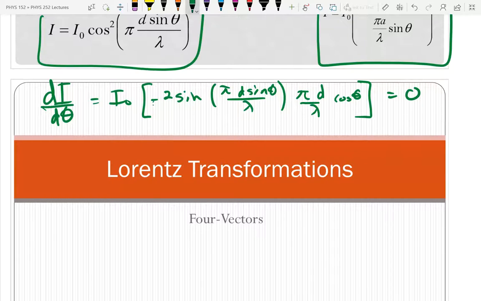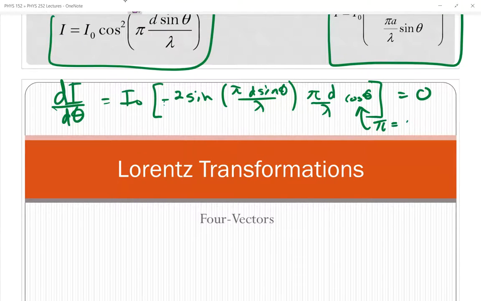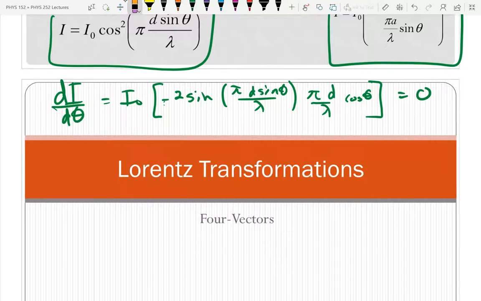Well, the first thing you see is, well, if cosine theta is 0, then theta equals... I just rebooted this because it wasn't working right. It appears that it's still not working right. So for cosine theta to be 0, we need theta is equal to 0. And we can only go from pi over 2 to minus pi over 2. So theta equals 0 is the only option in that range.